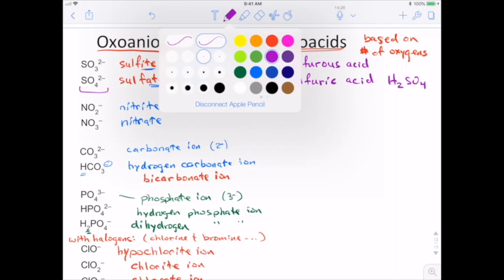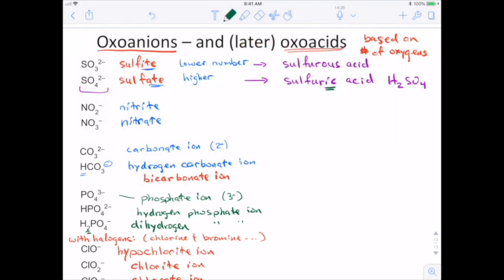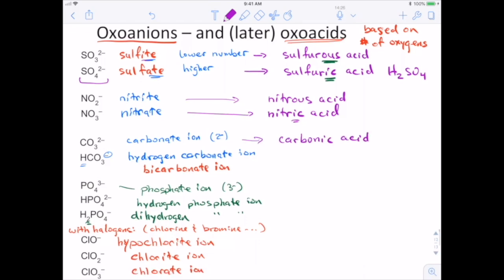So again, we're back to the ic and us suffixes. For the nitrates, the acids are called nitric acid, again ending in ic for the higher one, the ate, and the ite turns into nitrous acid.